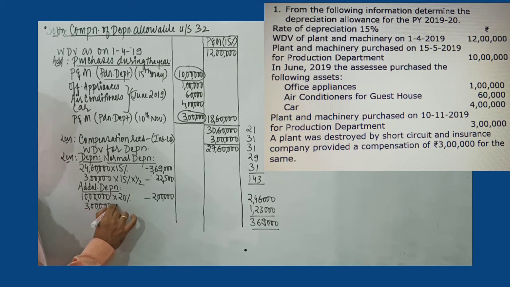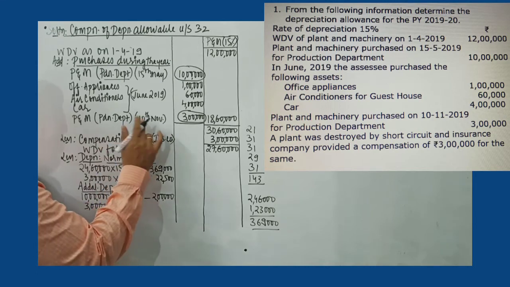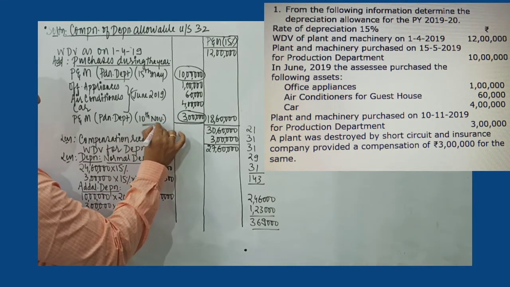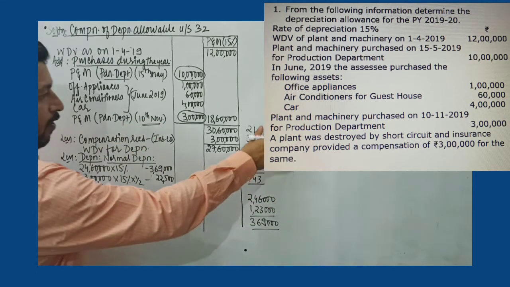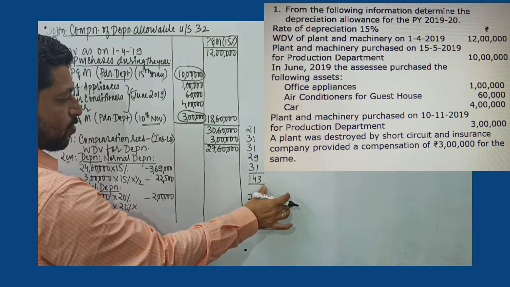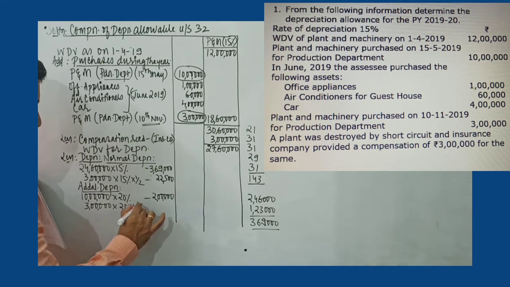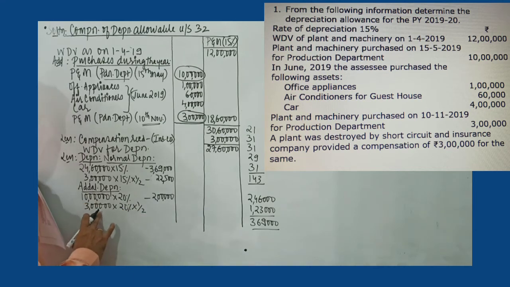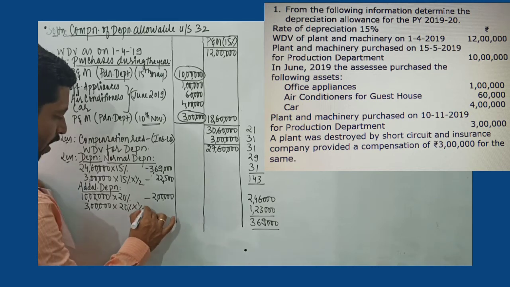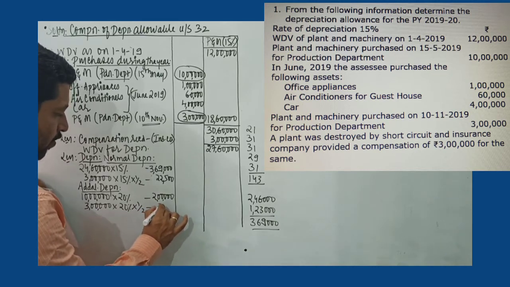Additional depreciation rate is 20%. And since it is purchased on 10th of November, number of days used is only 143, so half year's depreciation. That is even for additional depreciation. So 3 lakh into 20%, that would be 60,000, half of that is 30,000.